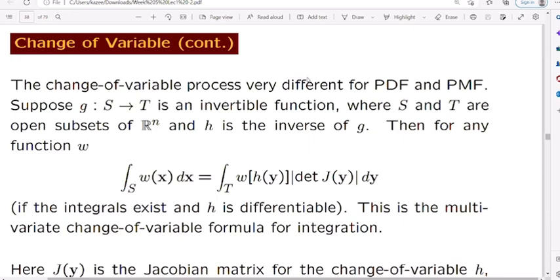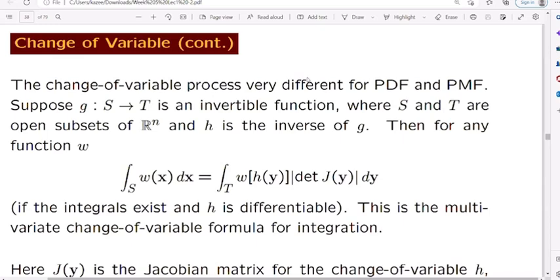Suppose we have g as an invertible function, mapping from X to T. We actually have a subset, an open subset, and h is the inverse of g. We just said that g is mapping forward and h is mapping backward.